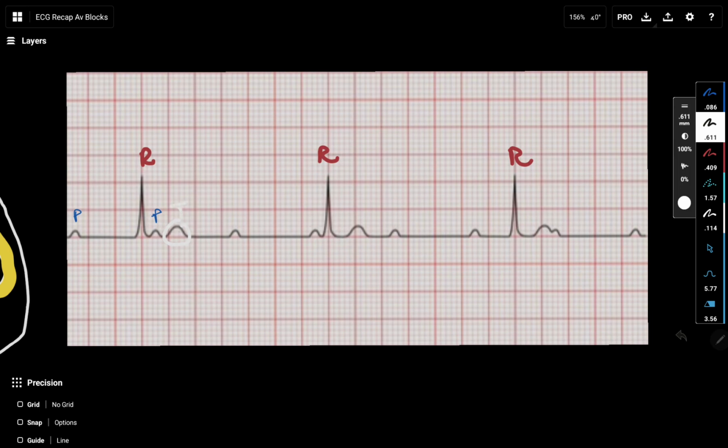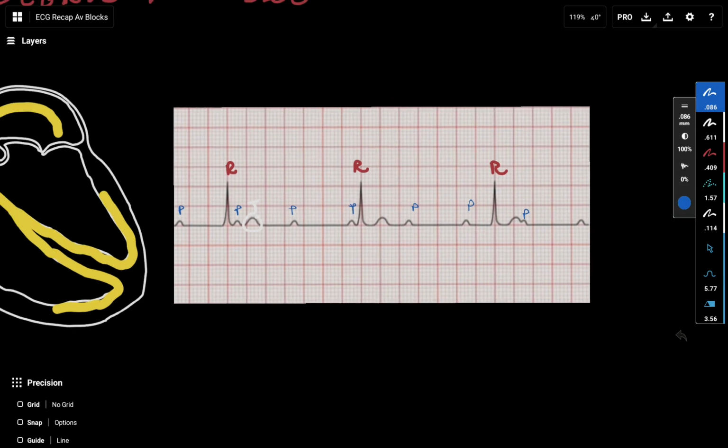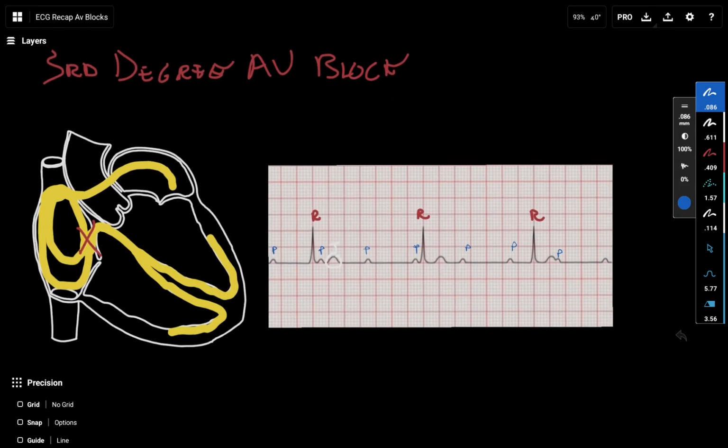Really, that's a T. That's another P here, P here, one there, one embedded in these two waves. So as you can see, there is no real pattern associating them. And that is the identifying feature of a third degree heart block.